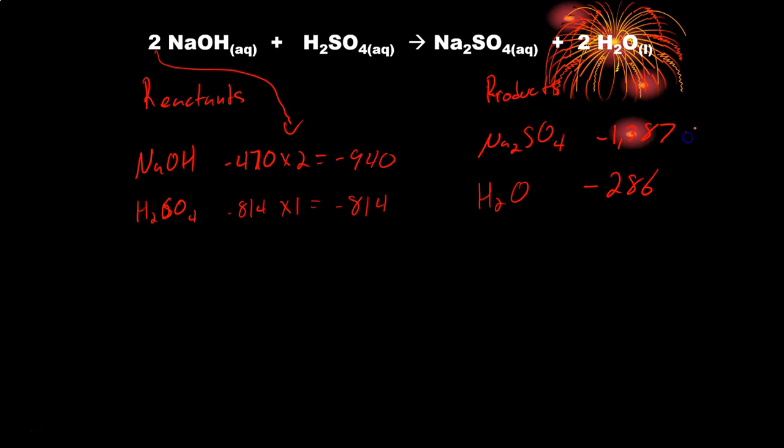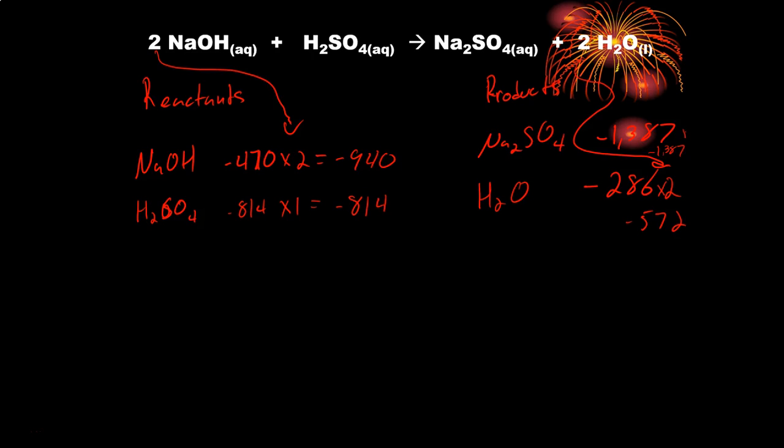Na2SO4, we just multiply by 1, which leaves us with minus 1,387. Sorry about that, there wasn't enough room there. And for H2O, we're going to multiply it by 2 because the coefficient is a 2. And whenever we do that, minus 286 times 2, we get minus 572.